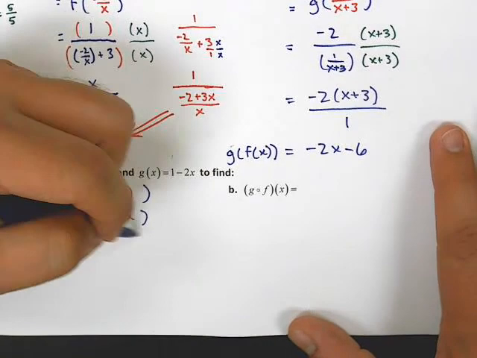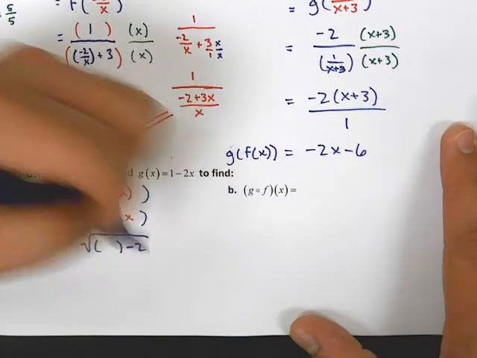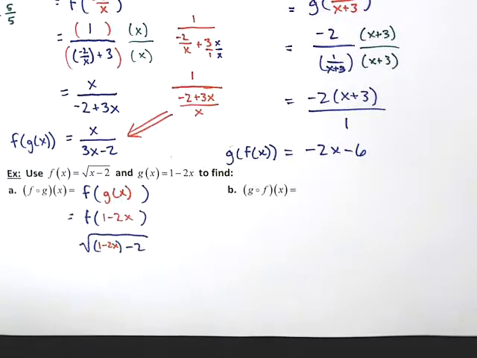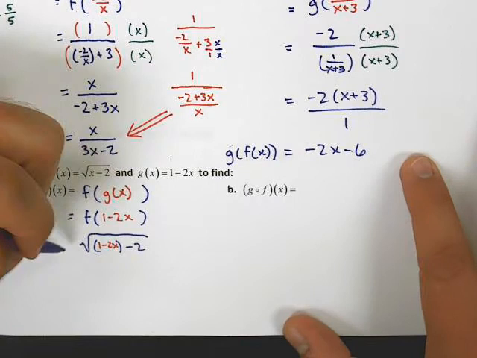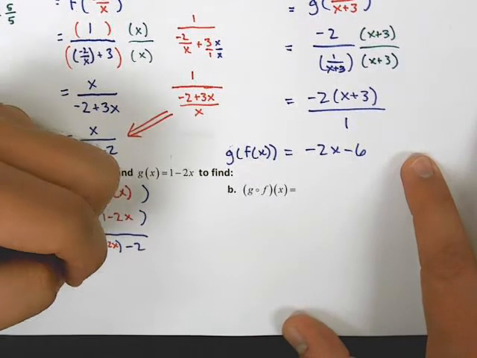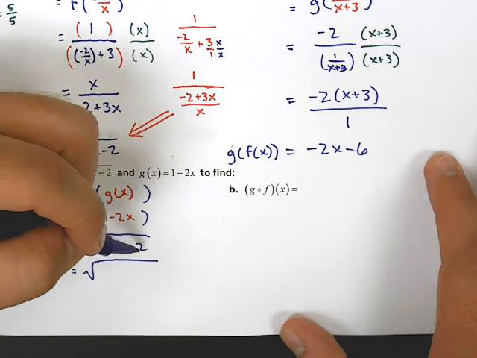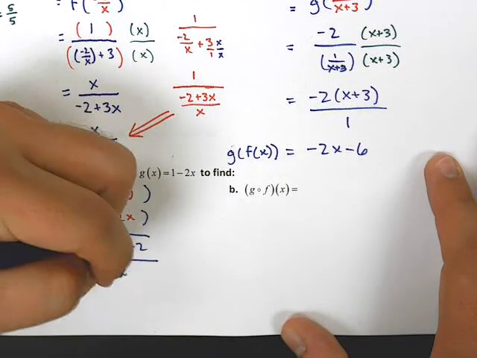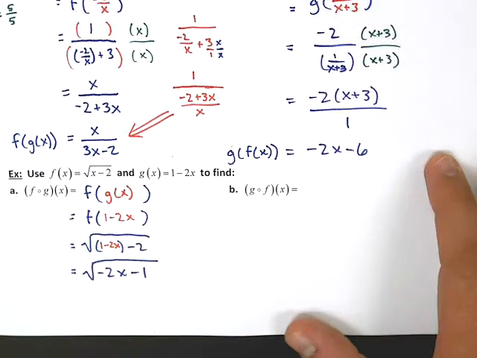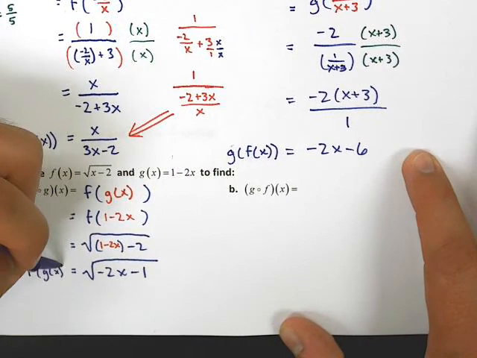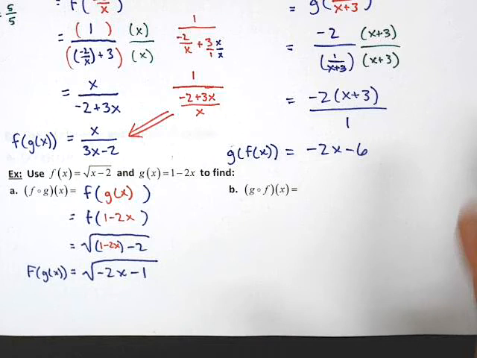So square root the input minus 2. 1 minus 2x. What happens here? When I do 1 minus 2x minus 2, I'm just left with negative 2x minus 1. And guys, we're done with that, right? We can't simplify that anymore. So we are completely done with that one.